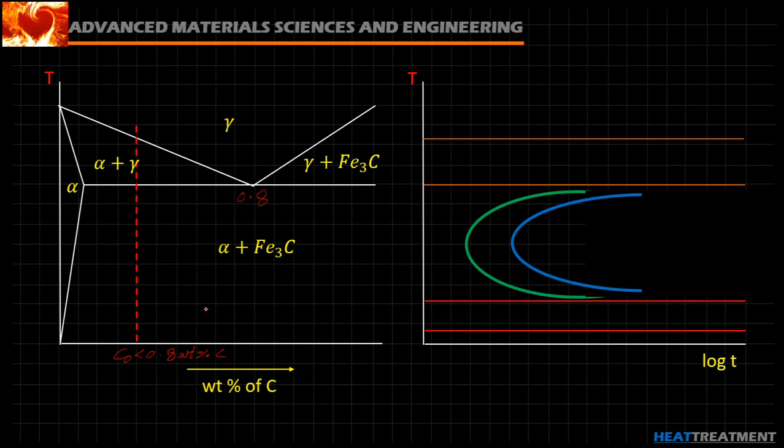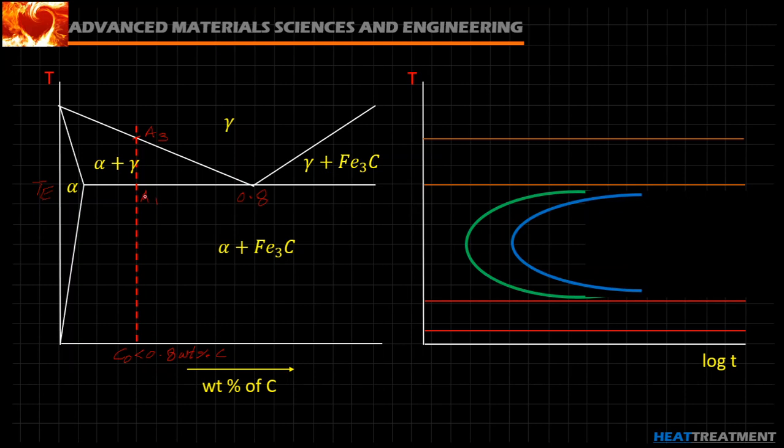For this composition, the equilibrium transformation happens at eutectoid temperature Te. Now it may be represented with this eutectoid temperature as A1, and where the gamma starts transforming to alpha, this is represented with temperature A3.